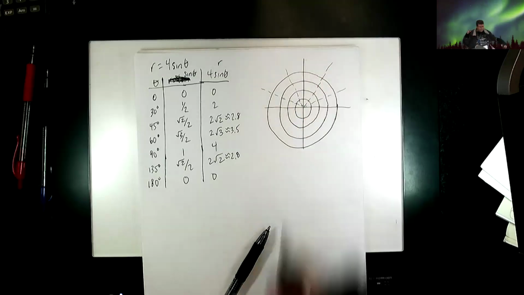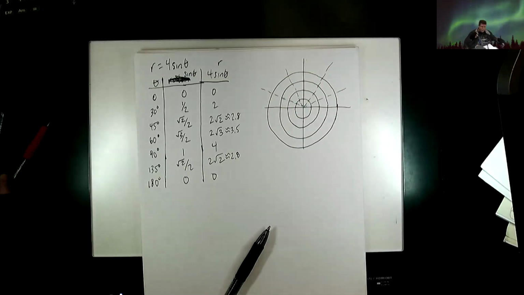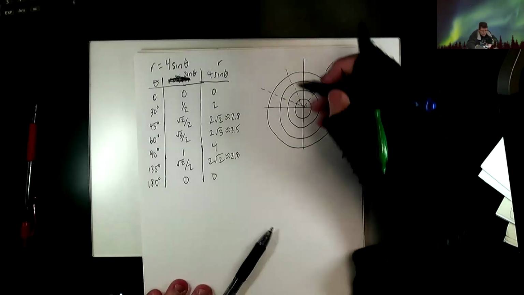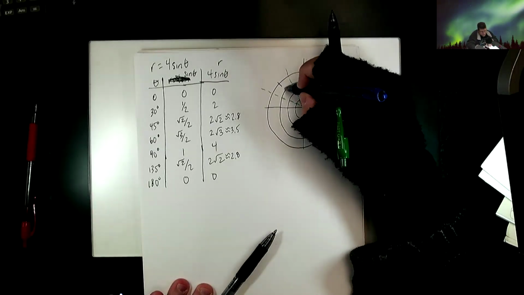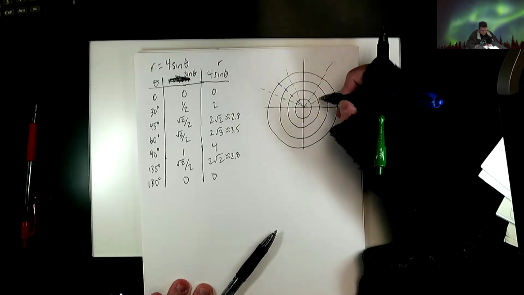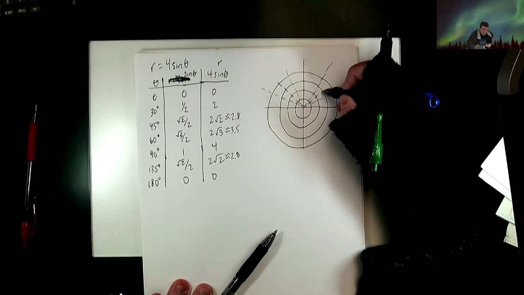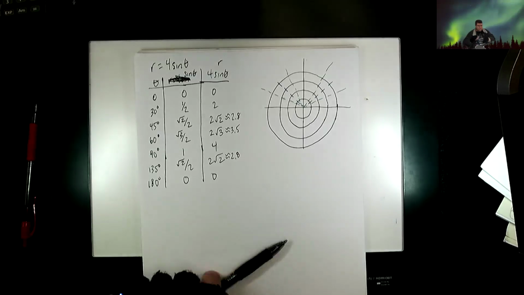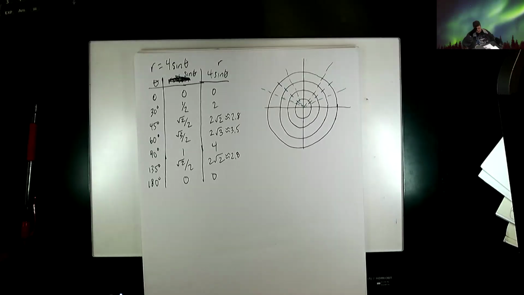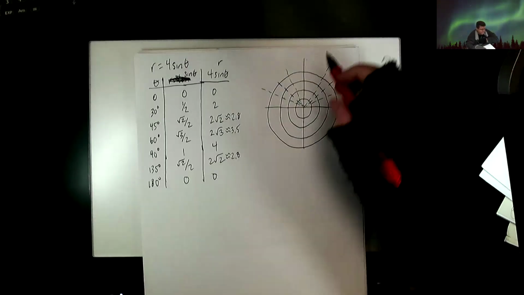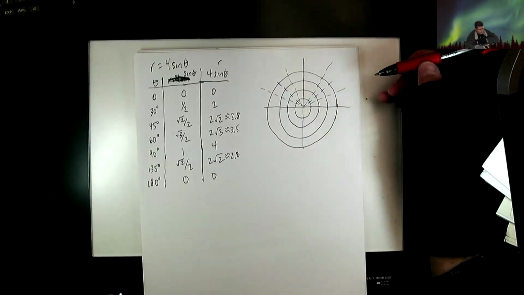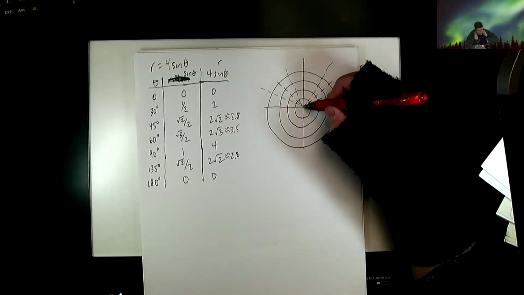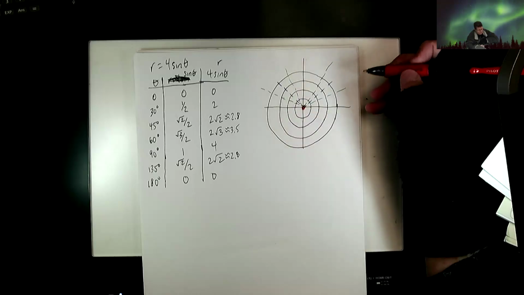The green line is my 30-degree marks. I'll make the cross-tag like that for the 45-degree marks. And we start putting in some points. I got 0, 0.